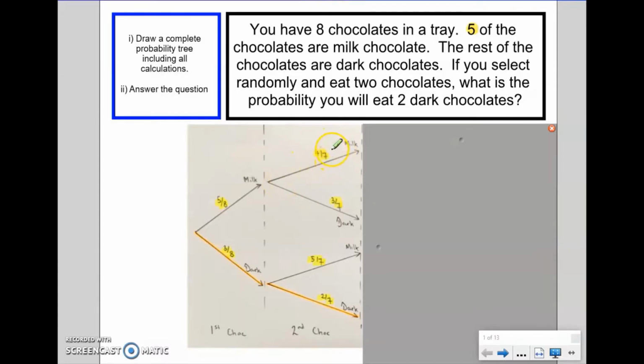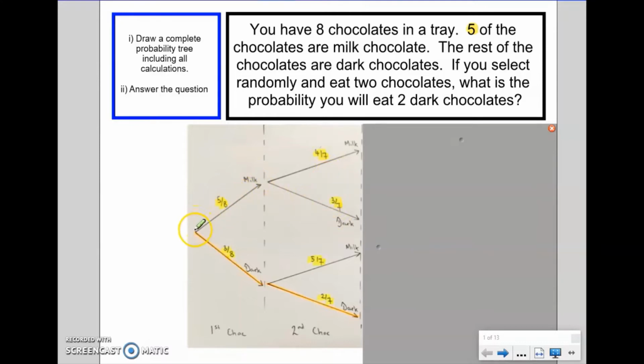So the probability on this branch is affected by what took place on the branch preceding it. If I was to eat a milk chocolate, the probability of choosing a dark chocolate, the numerator would still be 3 because I still have 3 dark chocolates in the tray, but I have 1 less chocolate altogether because I ate a milk chocolate. So that's where my probability of 3 out of 7 comes from. Again, those 2 add together to give me 1 whole.